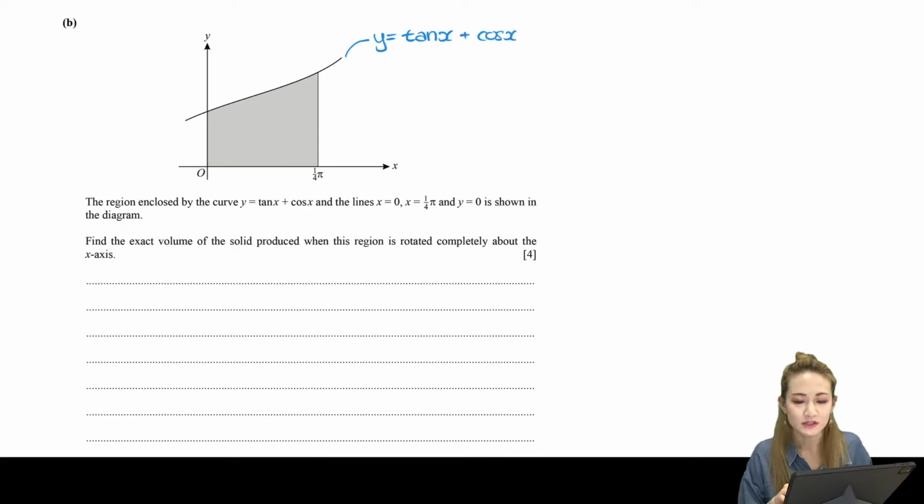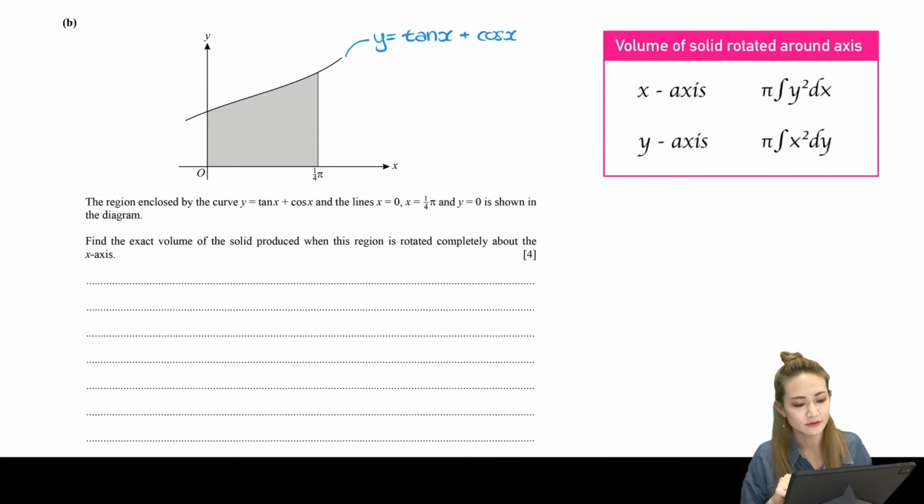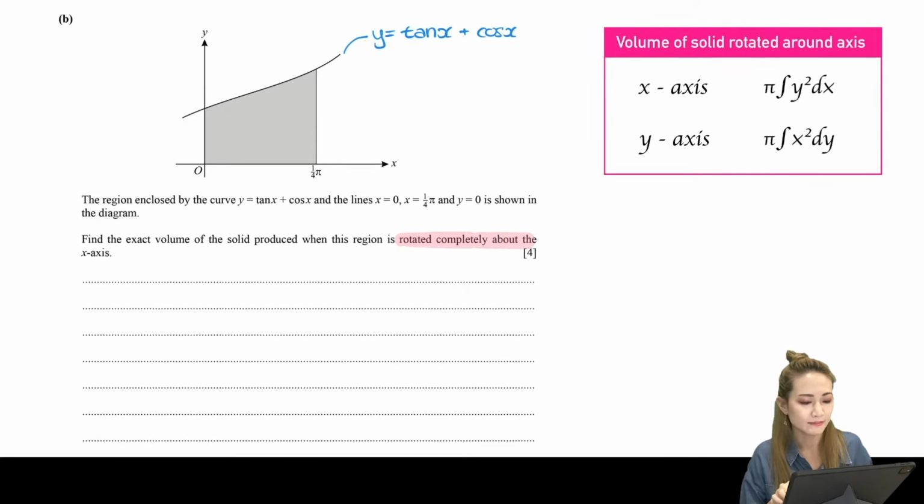To find the volume of a solid rotated around an axis, we have formulas for that. Rotated completely about the x-axis would be pi multiplied by the integration of y squared dx. This formula isn't given in the formula sheet, so you have to remember it.